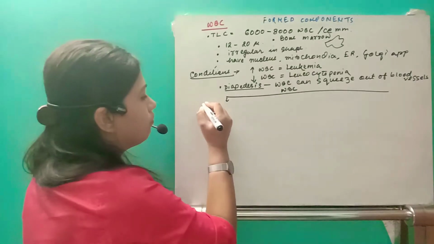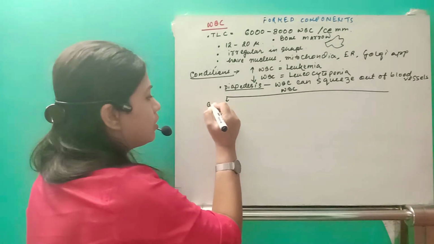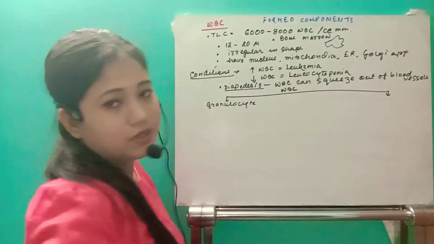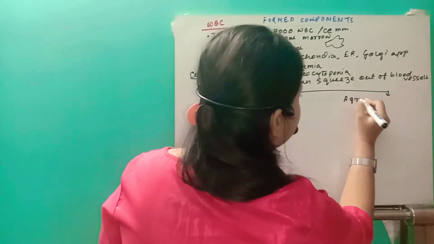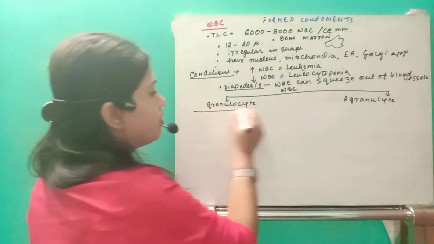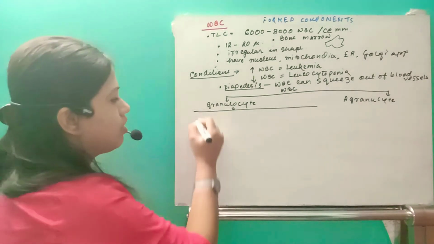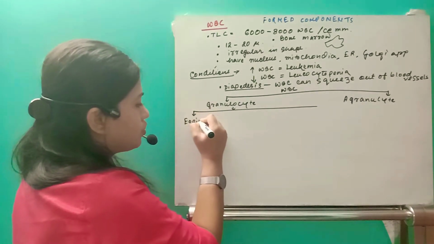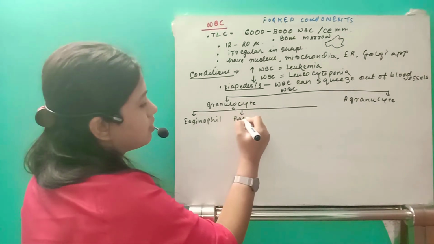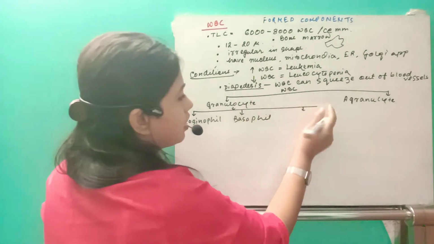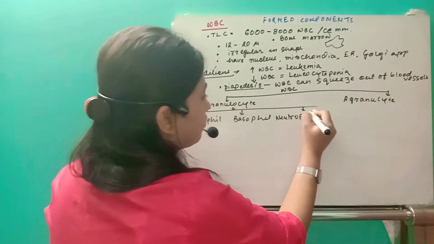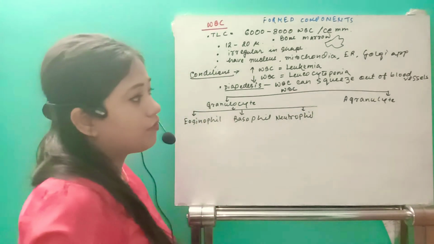One is known as the granulocyte, and the second type of WBC is known as the agranulocyte. Now the granulocytes are of three types. One is known as eosinophil, the second type is known as basophil, and the third type is known as neutrophil. And there are two types of agranulocyte.